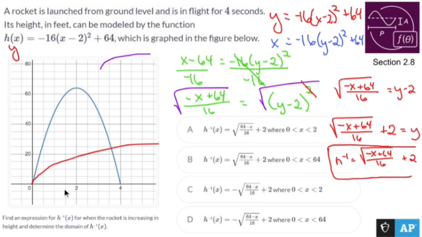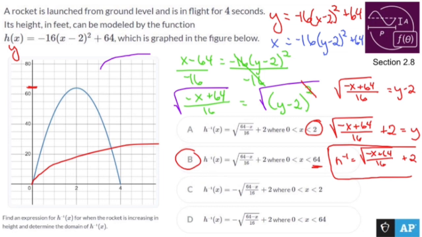The x-axis now stands for height. When I shoot a rocket up in the air, I really hope it doesn't go 2 feet in the air. I'm expecting it to go 64. So now that my x and my y are swapped, my new domain would be way the heck over here and would be 64. So B is my answer.